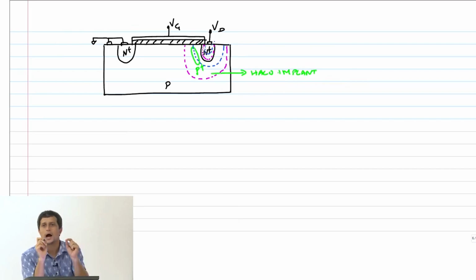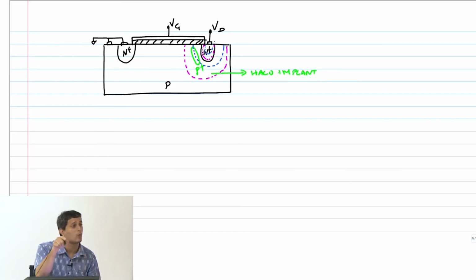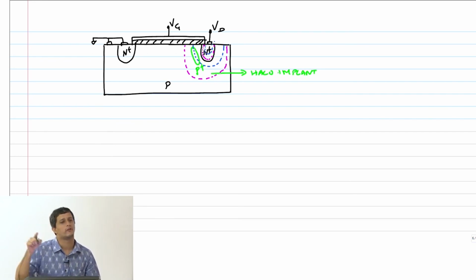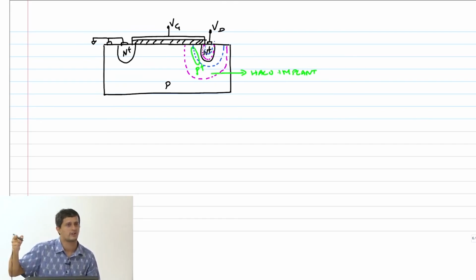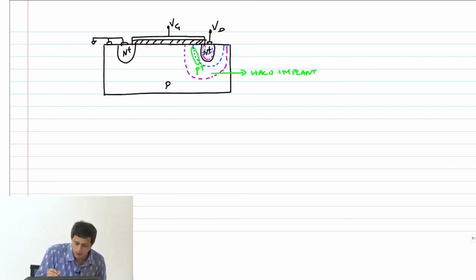In fact, if you give me just a transistor with two diffusions and ask which is drain and which is source, I'll say I don't know. You have to tell me what potentials you applied where. That's what determines what is the drain, what is the source. Current will always flow from a high potential to a low potential. So the one on the higher potential for an NMOS transistor is the drain, the other is the source. Now, in my circuit, I could well reverse these two voltages, have VD applied here and ground that end. So therefore, I need to do this on both ends. Structurally, they are the same.